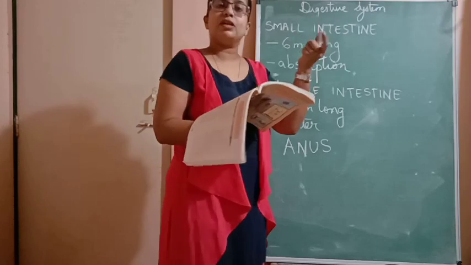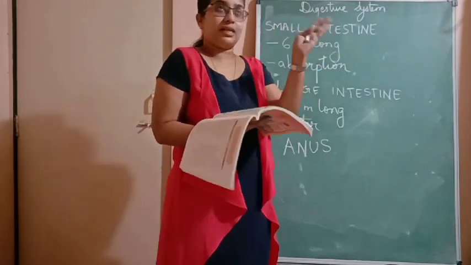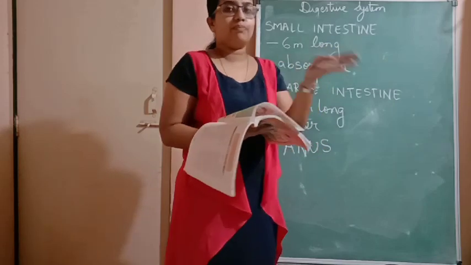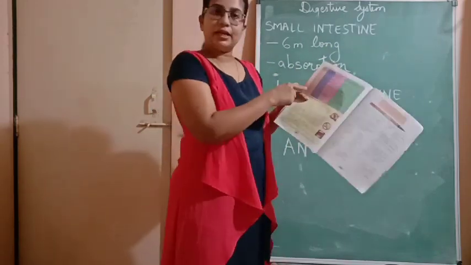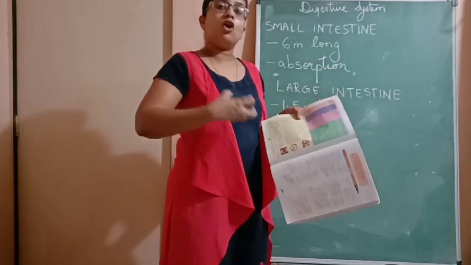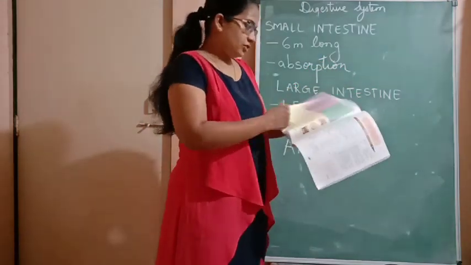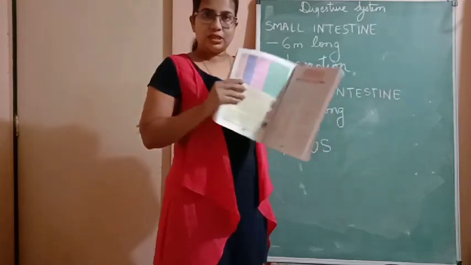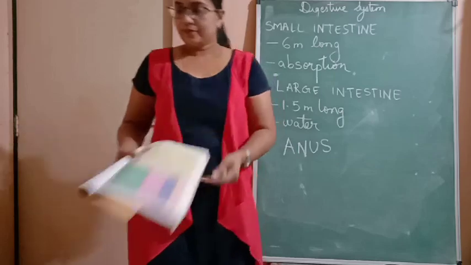It is also similar to the pancreatic juices. So the breaking down of carbohydrates, proteins and fats is also done in the small intestine along with the absorption of food. So you need to go through this table as well. It's very interesting.